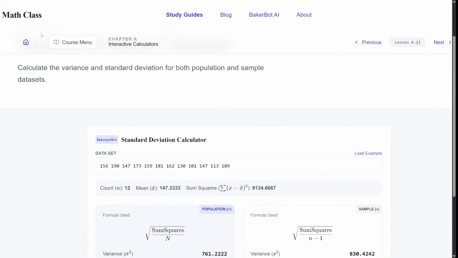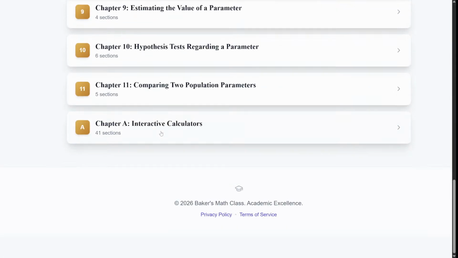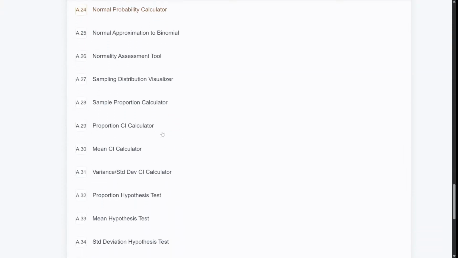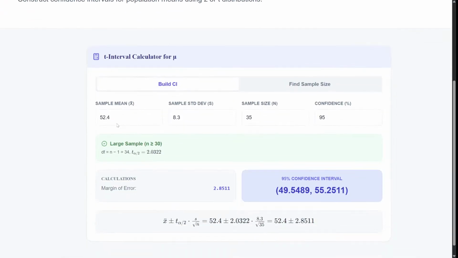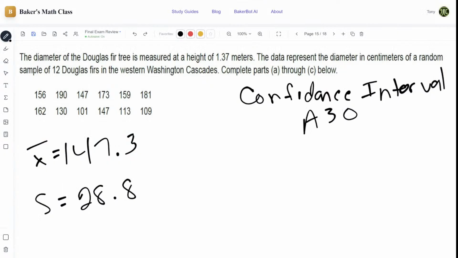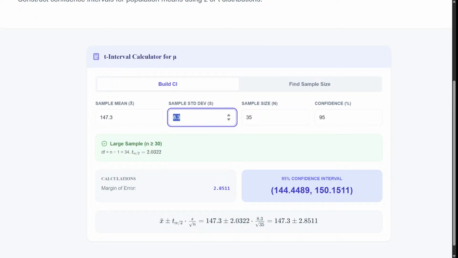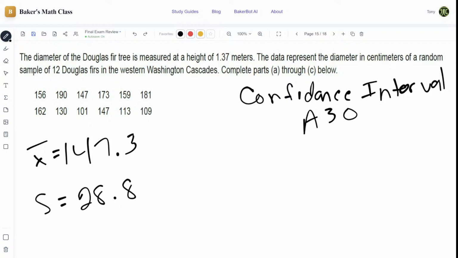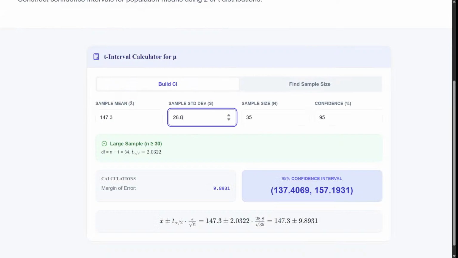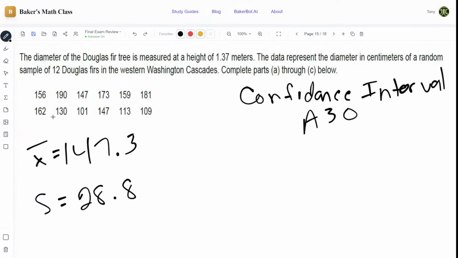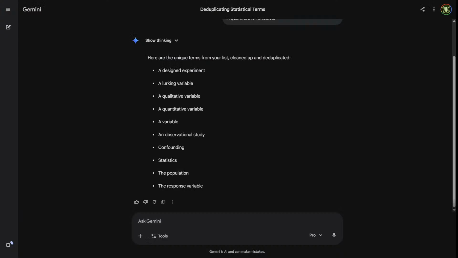Then we can go back and use the mean confidence interval calculator and put that information in: 147.3, 28.8. What was my sample size? 12.